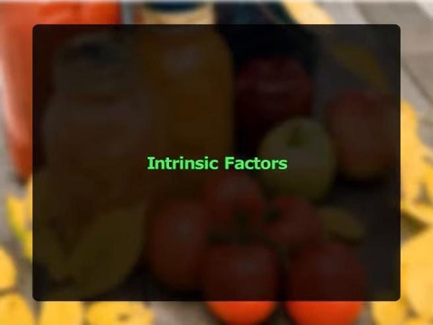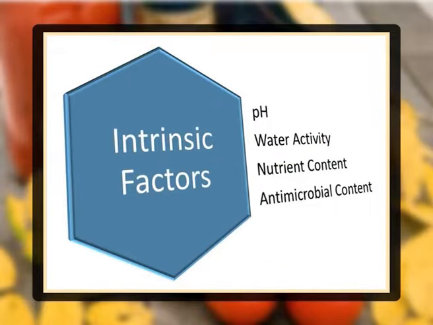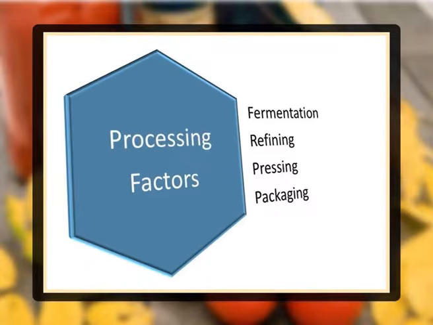To begin with, intrinsic factors. Intrinsic factors include chemical and physical factors that are normally within the structure of the food and with which a contaminating microorganism is therefore inextricably in contact. Another type of factors are the processing factors. These, as the name implies, are deliberately applied to the foods in order to achieve improved preservation.